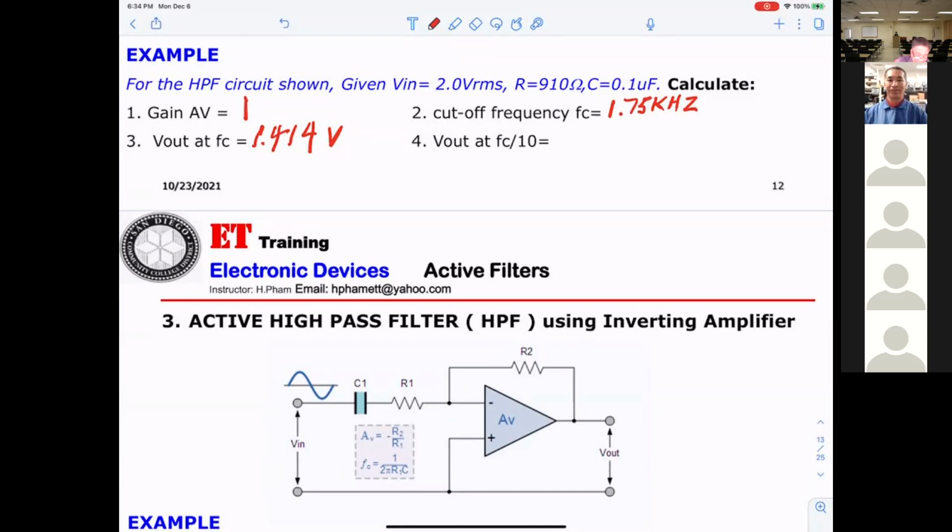Correct. 2 volt times 0.1 means 0.2, right? Correct.